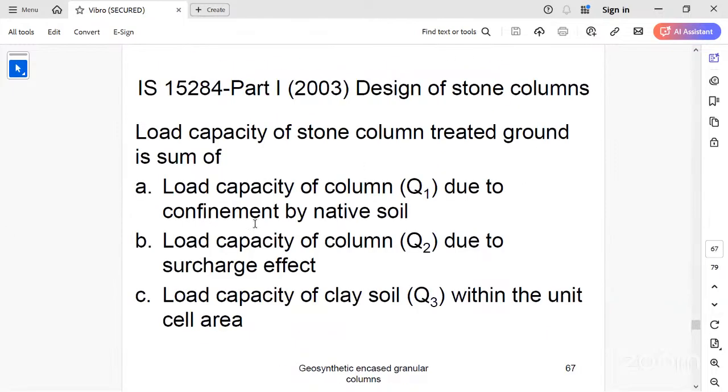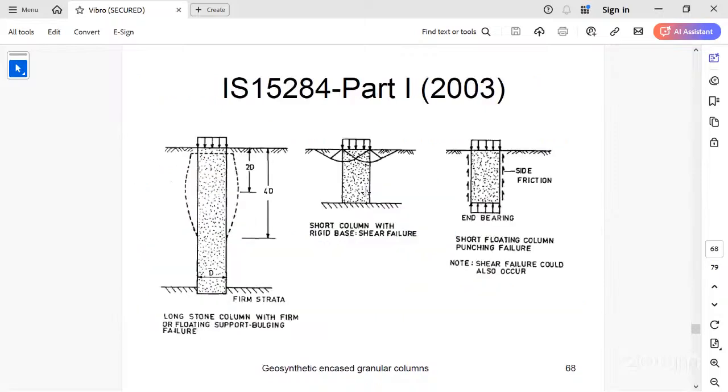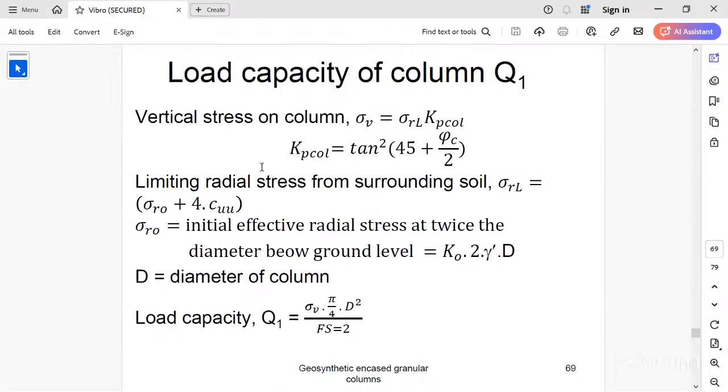this is the load capacity of the column due to confinement by the native soil, and the confinement from the native soil is because of the radial pressure plus 4 times Cu.